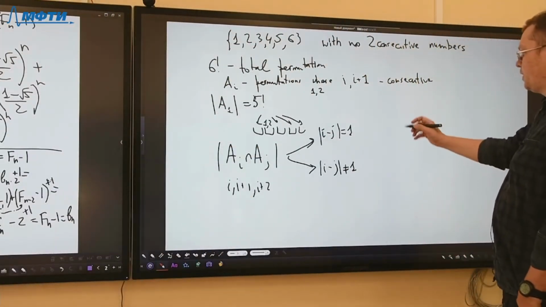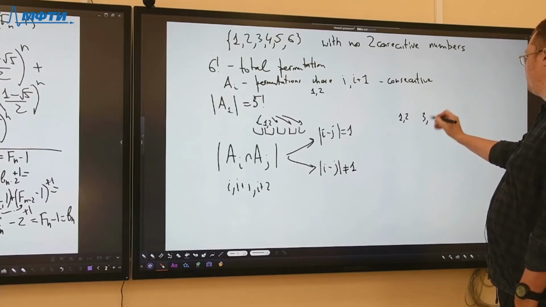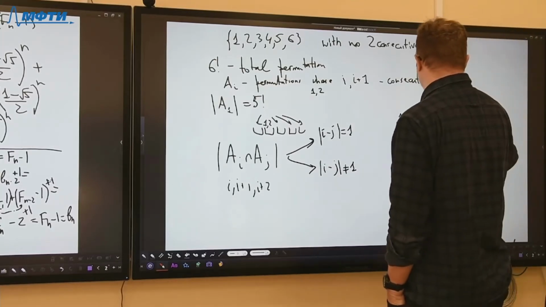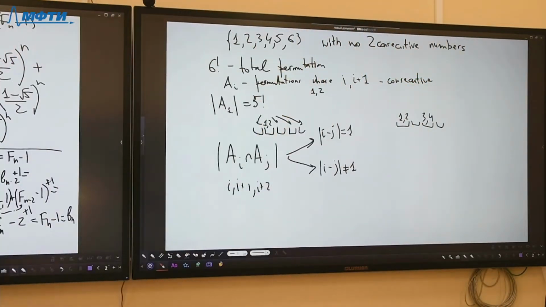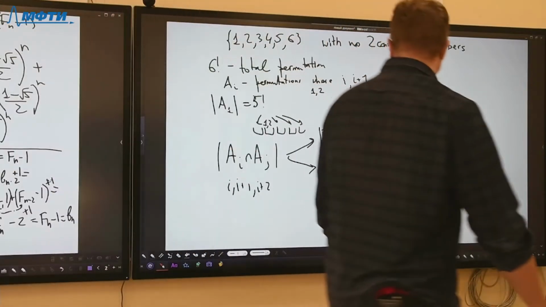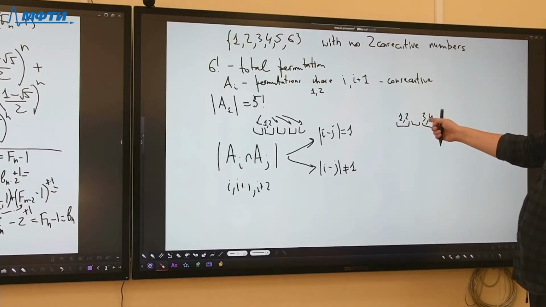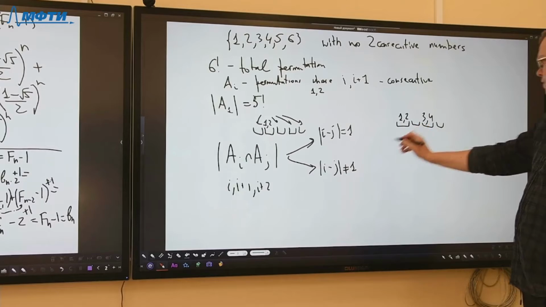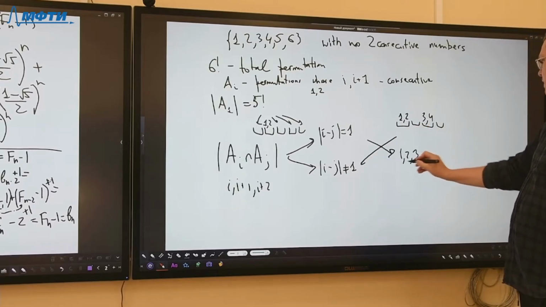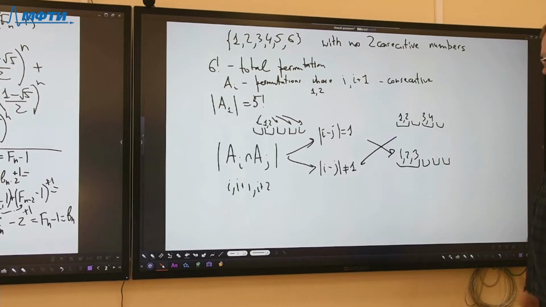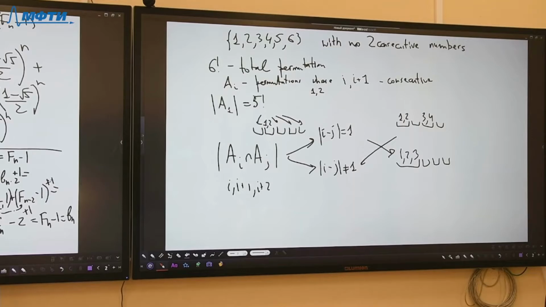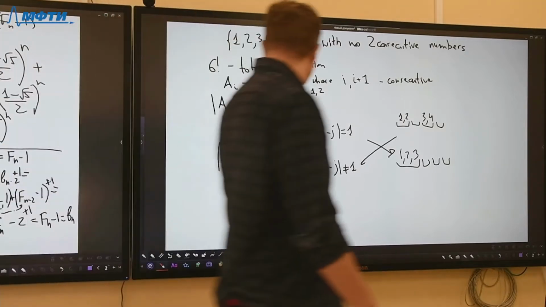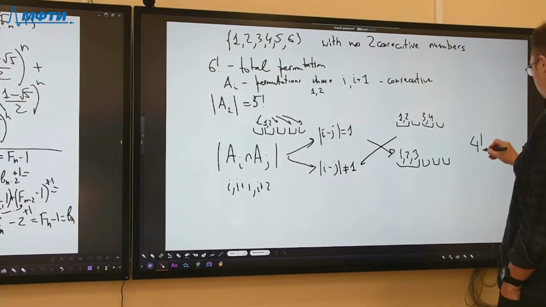For example, if you have two different pairs, 1, 2 and 3, 4, then you have 4 different positions, where for one position you put 1, 2, and for another position you put 3, 4. In the other case, 1, 2, 3, you put this in one position, and the other 3 numbers you put in the other 3 positions. So this will be 4 factorial, yes?